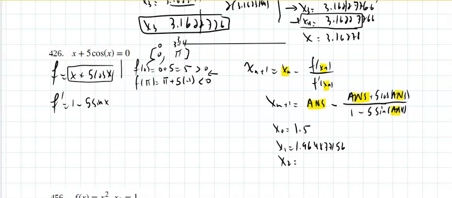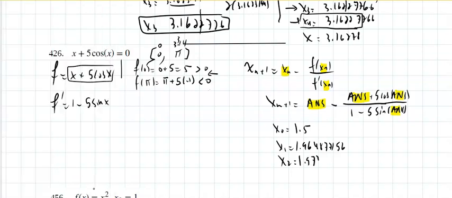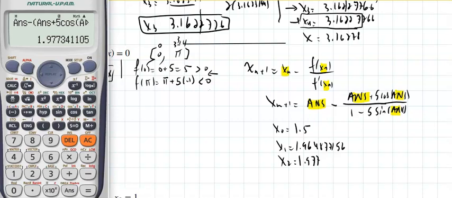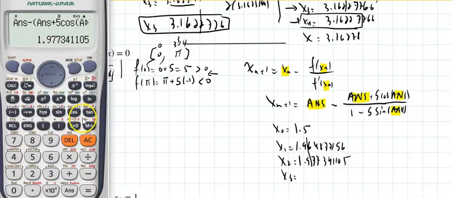X sub 2 will be, and how would we do this? Well, we will go back. 1.977, pretty good. 341105. I locked in 1.9, x sub 3 would be. So I need to know how many iterations.